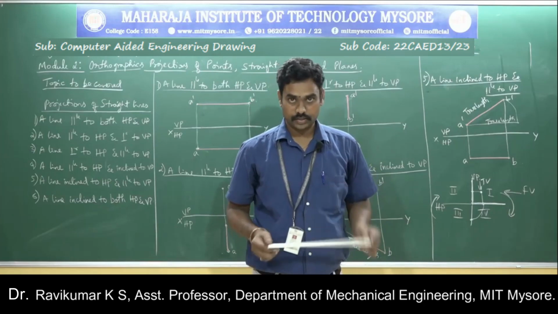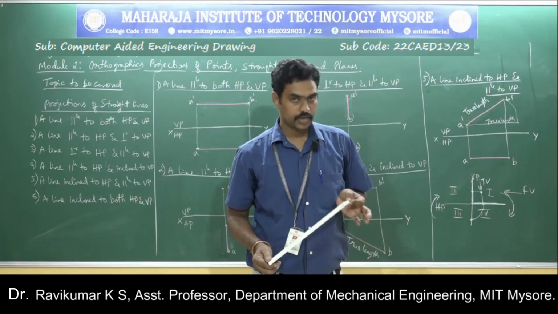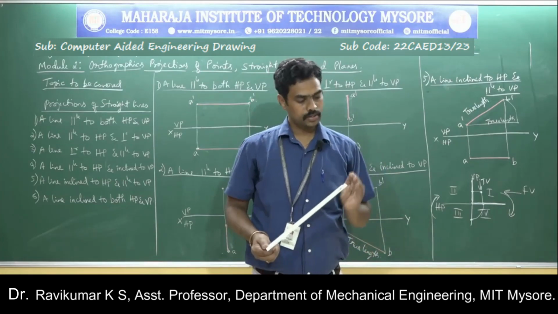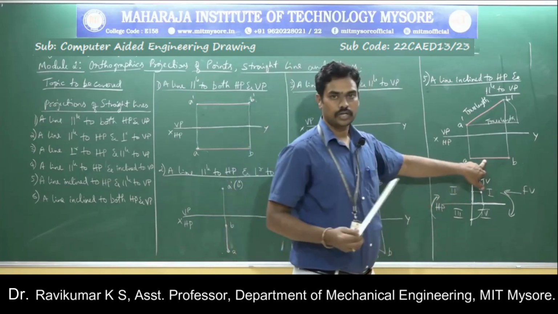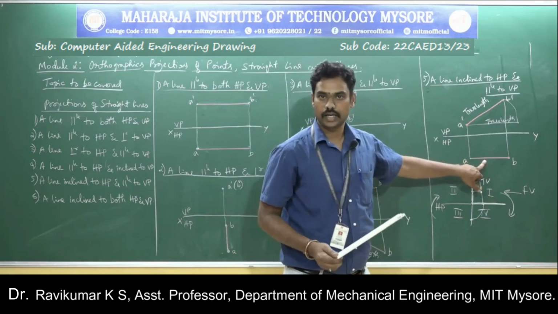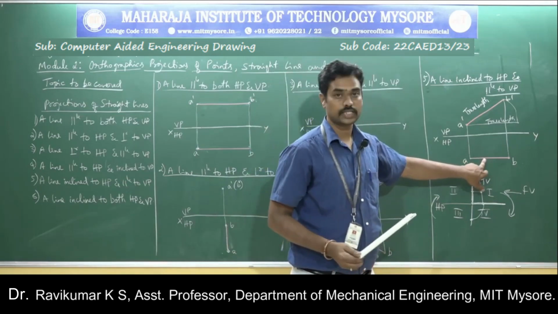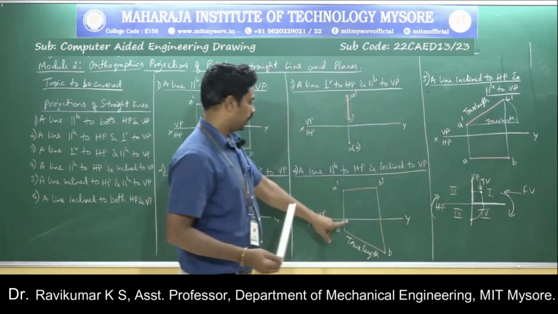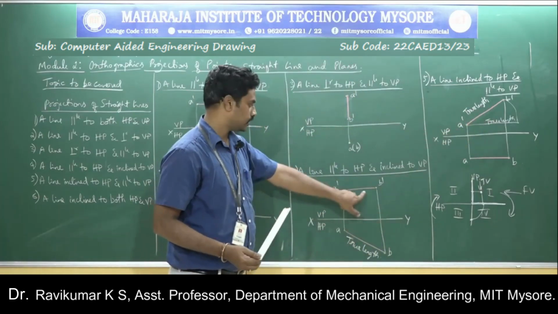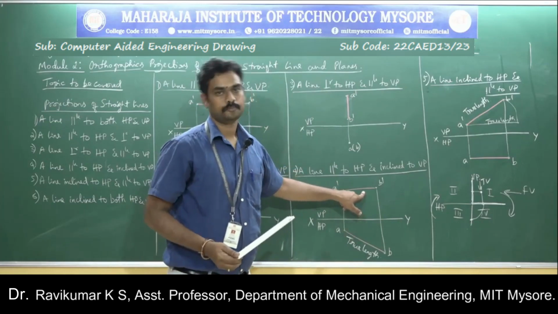This is rotating, which means it has a curve here, and a curve means it will be shortened like this. So this shortened length is called the apparent length, whereas this length is called the true length. Similarly here, this is the true length and this is the apparent length.